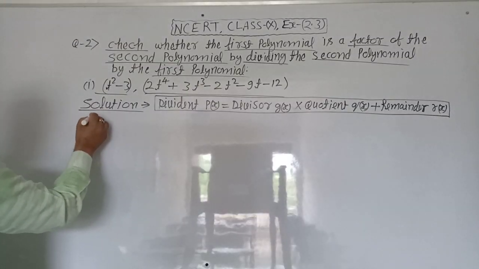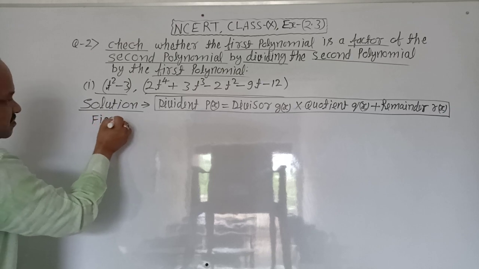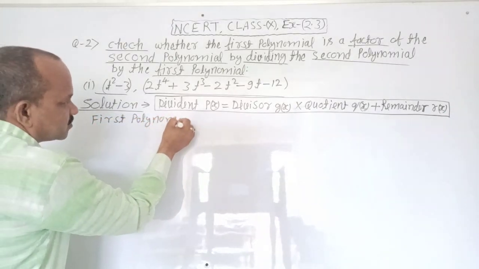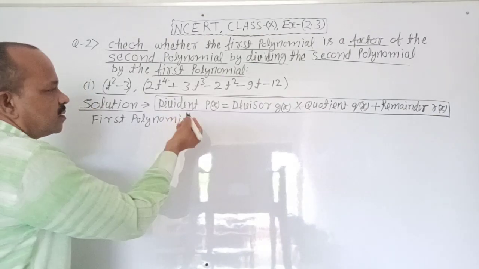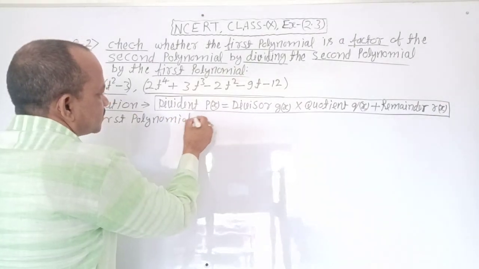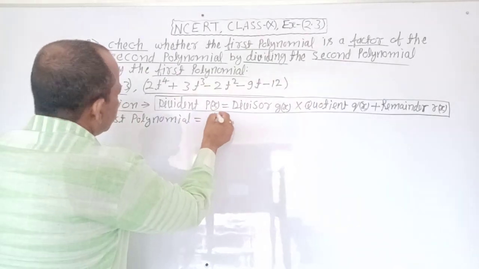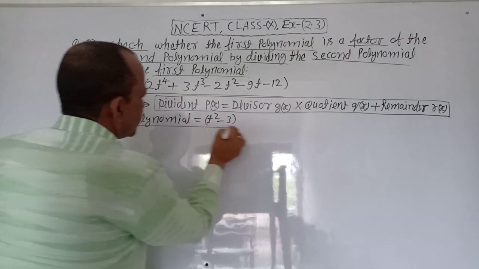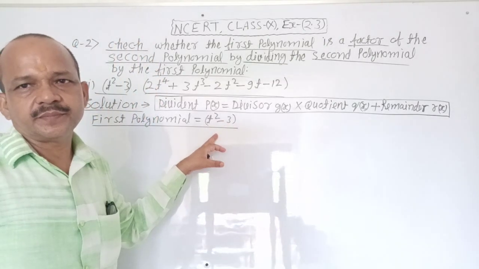First polynomial equals t square minus 3. It is the first polynomial.